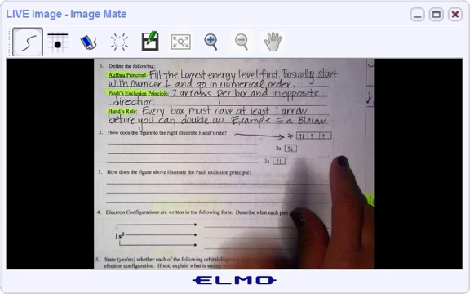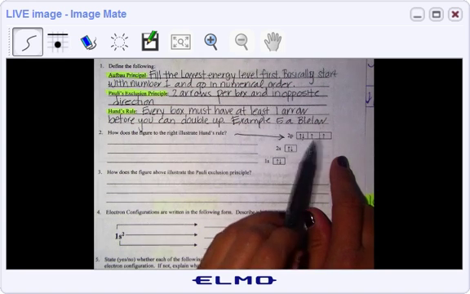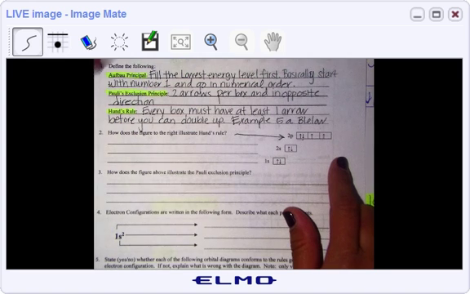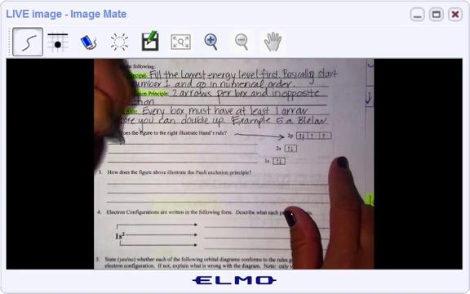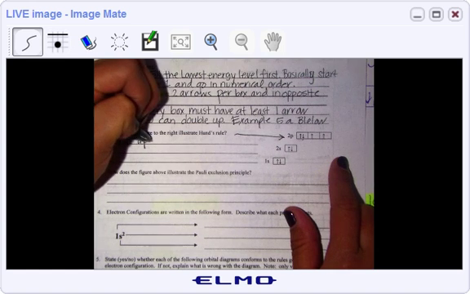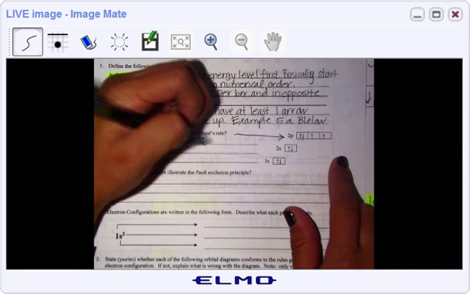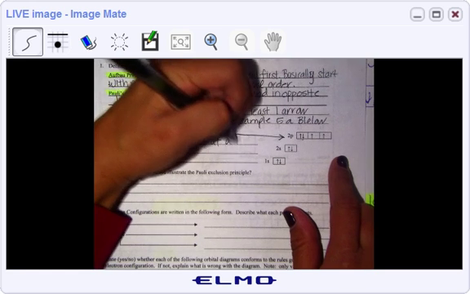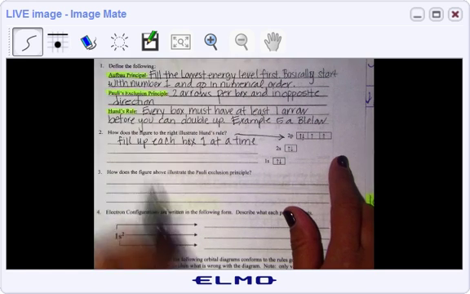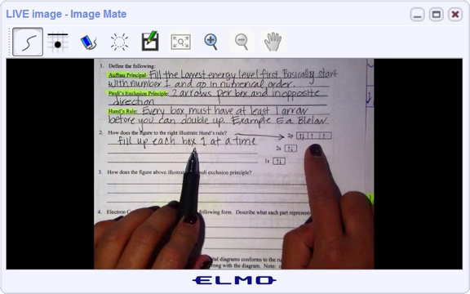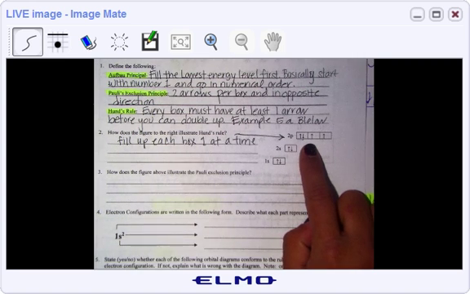The incorrect way would have been to put 1, 2, 1, 2. Fill up each box one at a time, and that's what they did in the 2p diagram.